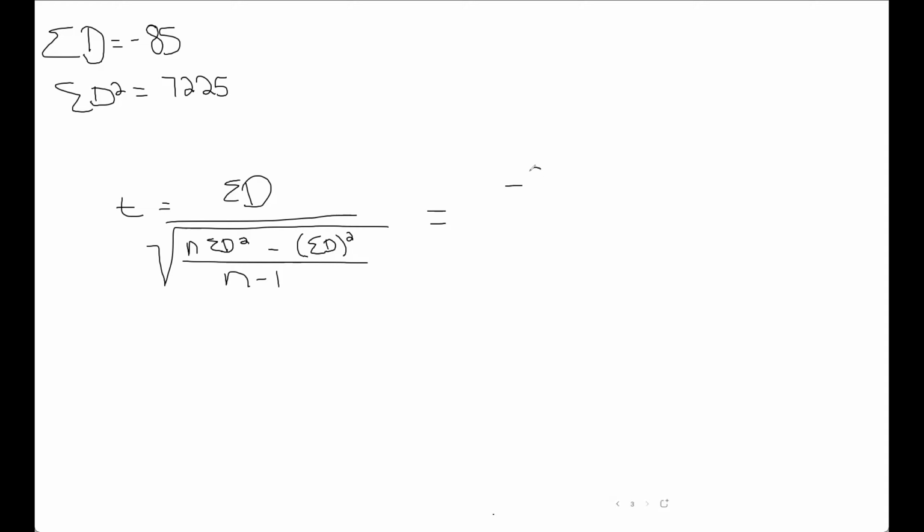So we've got negative 85 for our numerator. That's the sum of our d-scores over square root. The n was 10. And the sum of our d-scores squared. I don't know why, but when I wrote this down, this does not look right. And so I'm kind of freaking out right now. Let's just go with it, right?